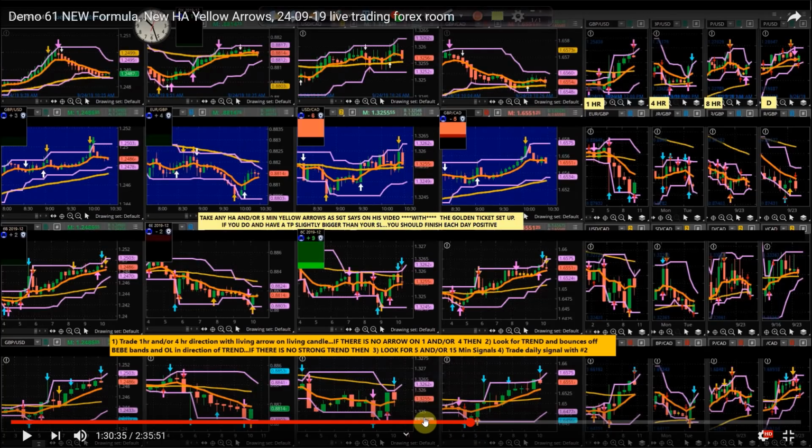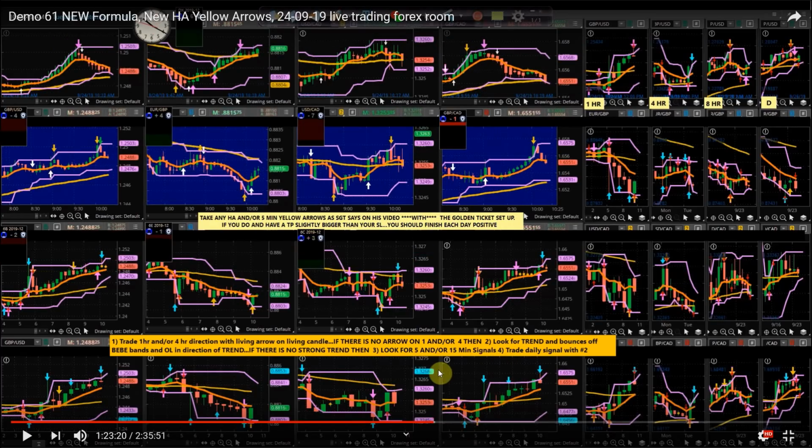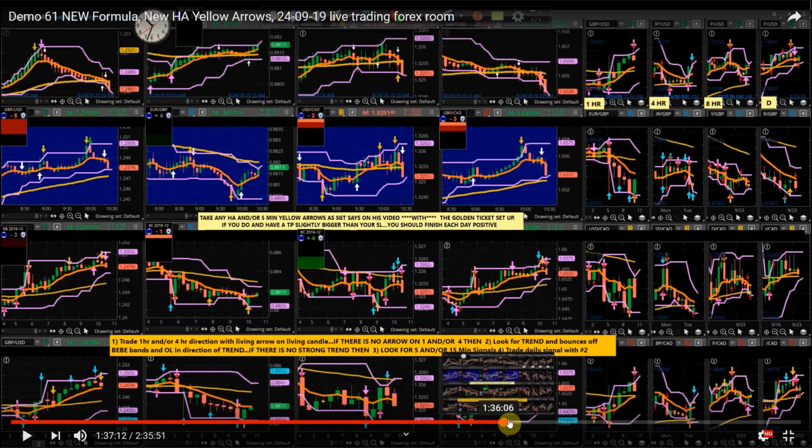Right here is another example of when you want to wait, because there's some tricky stuff in here. You don't want to take this at 53, because you know you need to take it at 49, not 53, not in the middle. But let me show you another entry.